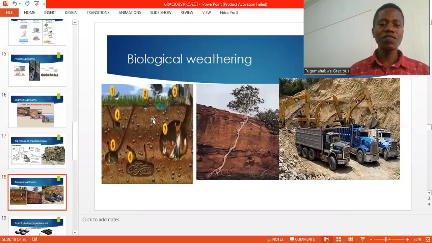I can bring these images also in the explanation, showing how the soil organisms, soil living organisms, how they affect the soil formation. We have the root of a tree, also causing soil formation. Then human activities also here lead to soil erosion.